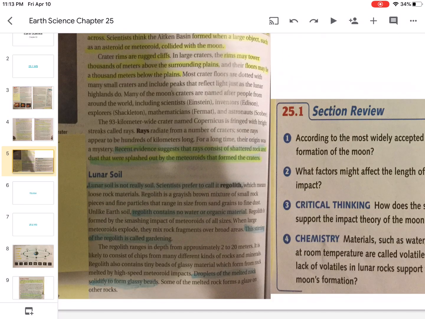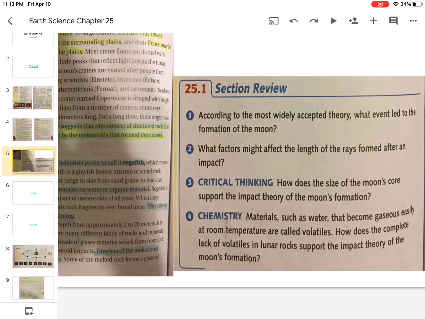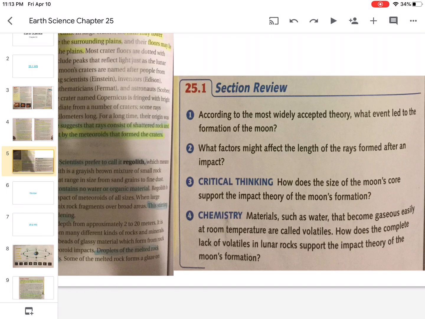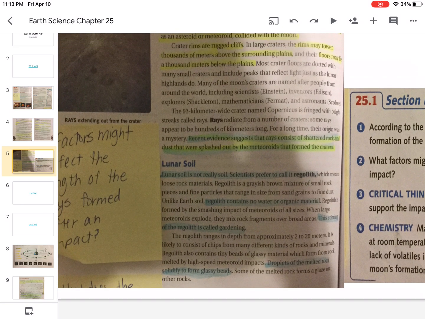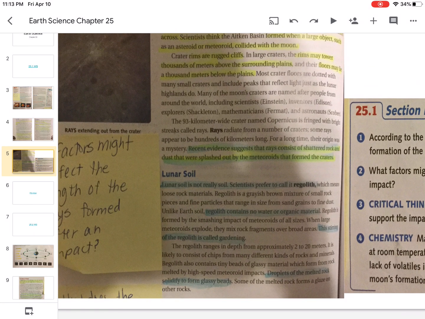This stirring of regolith is called gardening. So if we go back to our question, how does the complete lack of volatiles or water in lunar rocks support the impact theory of the moon's formation? We say that the moon was impacted, the Earth is hit off center by a planet-sized object. The impact heats and deforms both bodies. Some rocky debris remain in orbit around Earth.